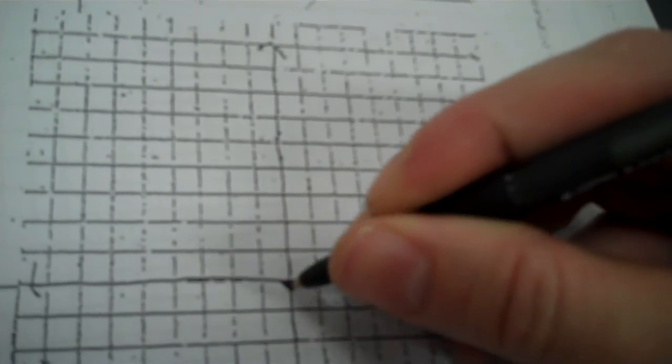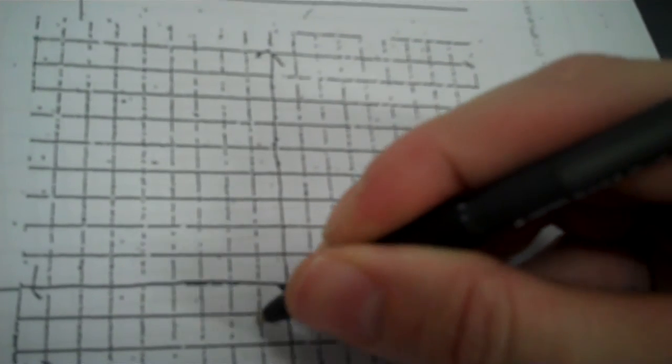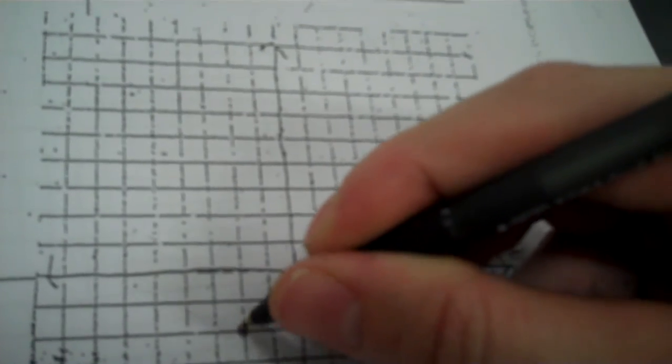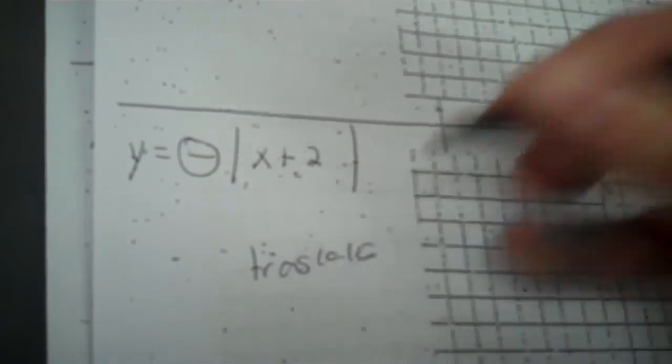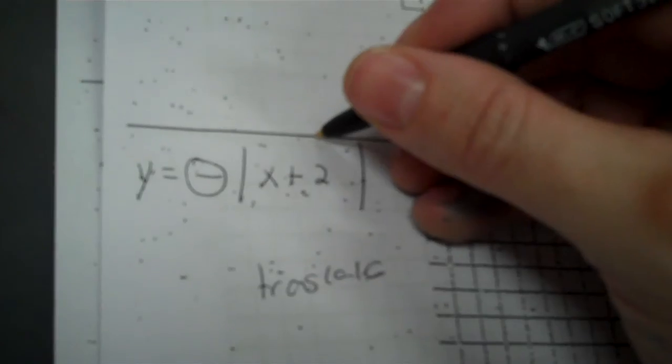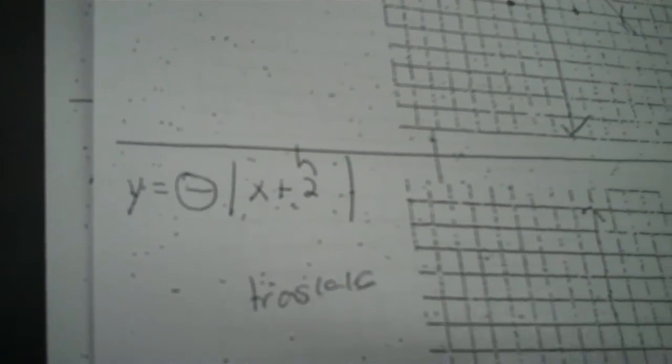So the negative in front inverts it. Okay, negative in front, so the parent function, instead of right 1 up 1, right 1 down 1, left 1 down 1, right 2 down 2, left 2 down 2. Okay, now you have to translate it. This time the +2's inside, so that's a H value. H value is horizontal.